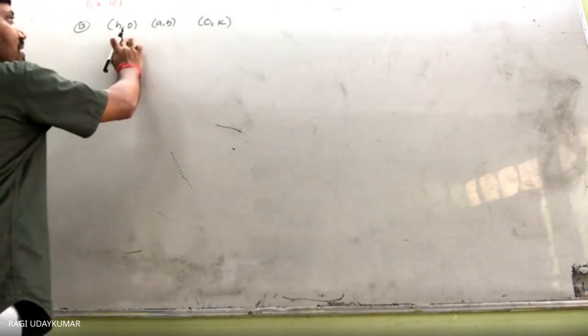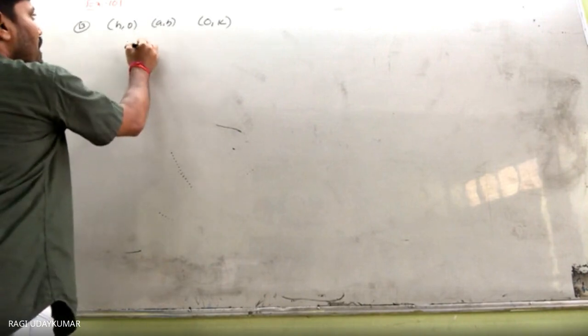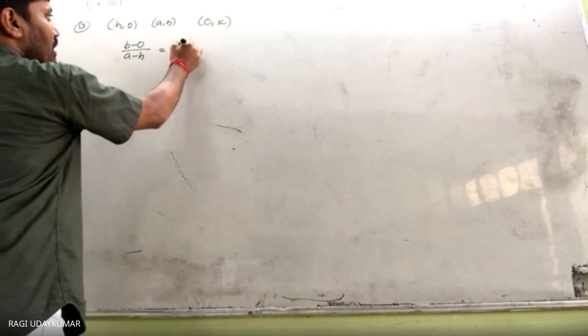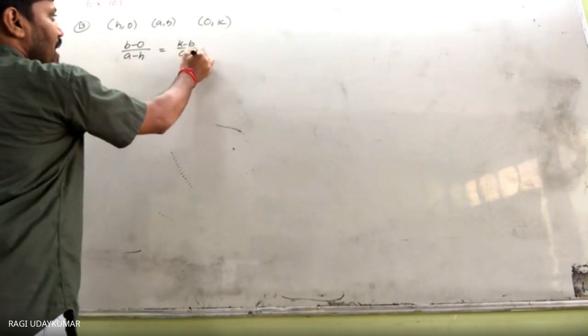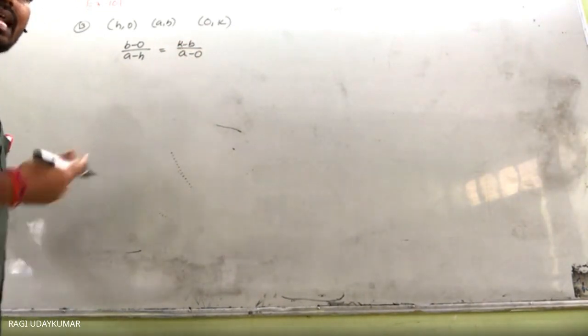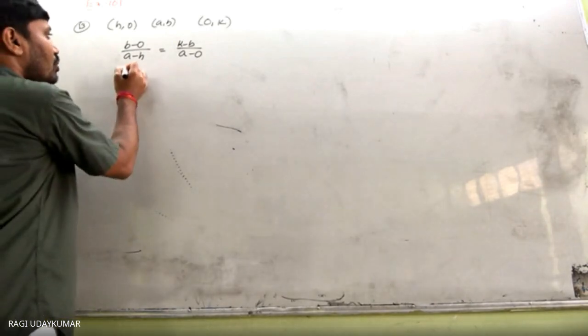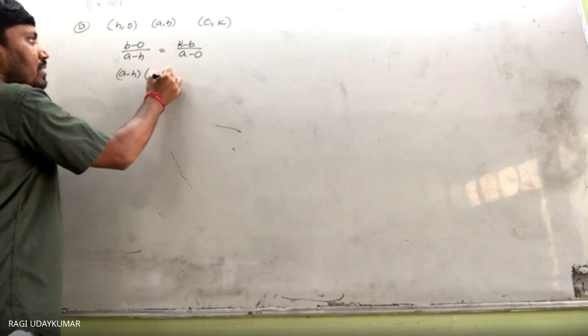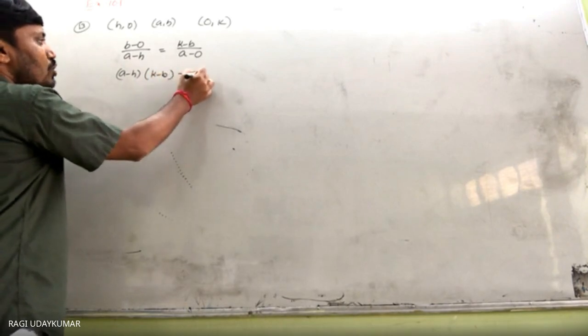So what do you get? Slope of these two lines is equal to b minus 0 by a minus h is equal to k minus b by a minus 0. Cross multiply, then a minus h into k minus b is equal to ab.